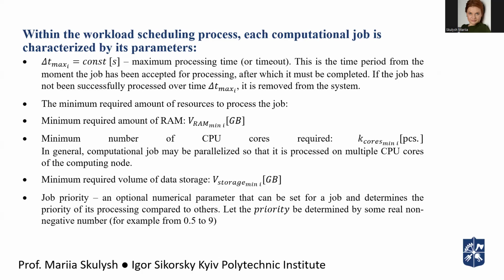If the job has not been successfully processed when the time is over its maximum, it is removed from the system. Then the minimum amount of resources for processing the job, because depending on the task, the job as it's called here, we can process it.